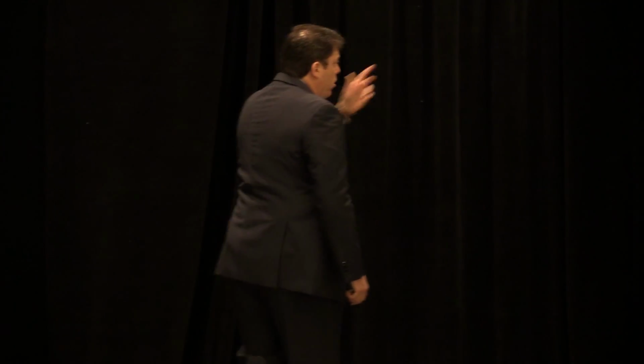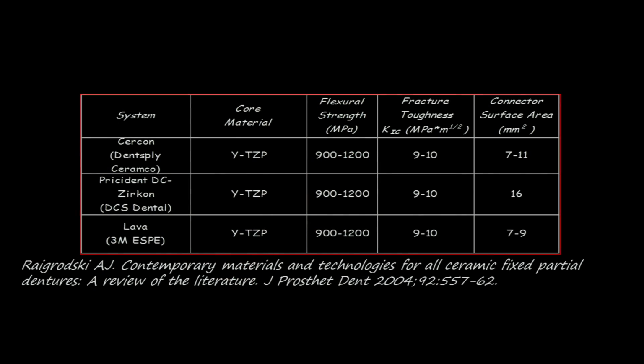So if you look at that slide, we know that for copings and frameworks, in general, the value of flexural strength ranges between 900 to 1200 megapascals. And this is before aging in the oral environment. We did a study evaluating aging in the oral environment, aging of different brands of zirconias for copings and frameworks.